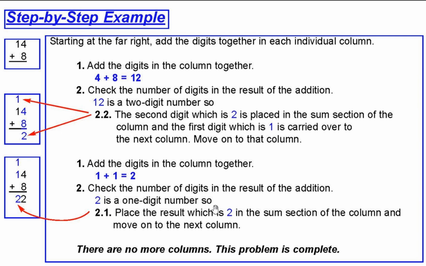So we place the result in the sum section of the column. As you can see here, 2 has been placed in the sum section of the column.